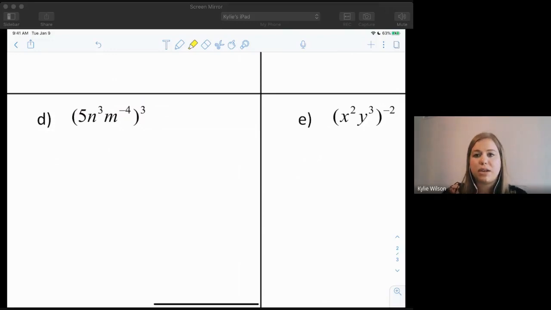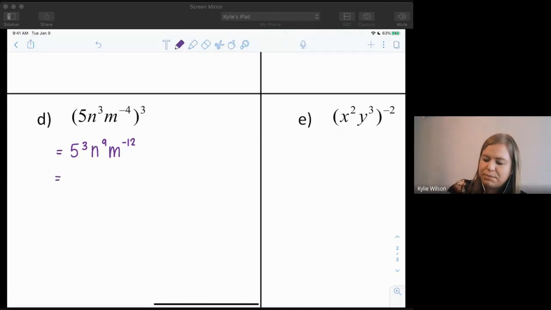Please be really cautious of that because it's a super common error and it's very easy to do. So that will give us 5 to the power of 3, and I'm going to keep my base and multiply my exponents. And then for my m, I have negative 4 times 3, keep my base, and multiply my exponents.